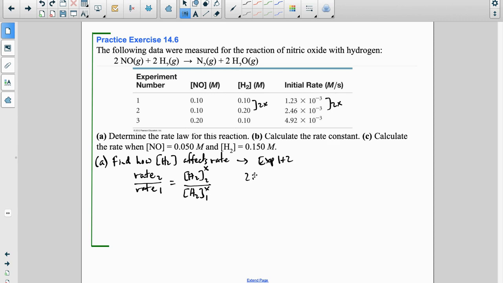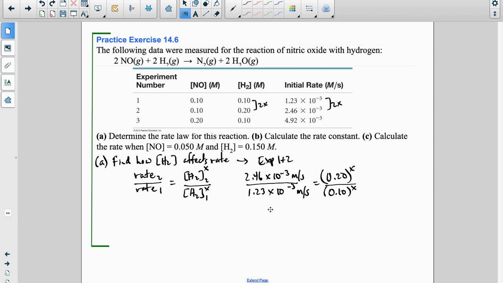So I would have 2.46 times 10 to the minus 3 molarity per second over 1.23 times 10 to the minus 3 molarity per second equals my H2 concentration from experiment 2 to the x power over my concentration from experiment 1 to the x power.